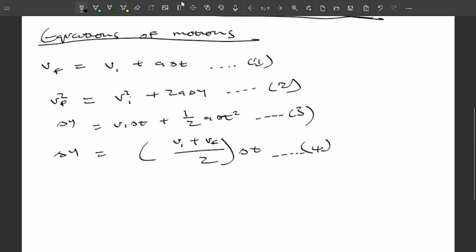Now, to define all of them, the Vf is the final velocity. Now the V initial is the initial velocity. This is the velocity that it starts with. Now the A is the acceleration. Now here comes the tricky part.